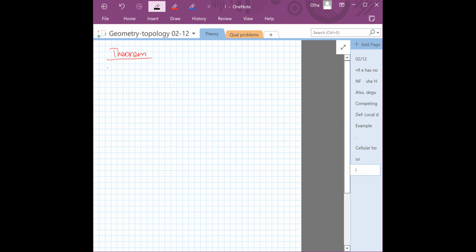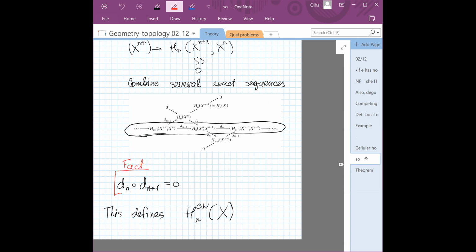It says that this thing is actually the same as the homologic groups we already defined. So this is just going to be another way of computing them. And the nice thing about them is that we know what all of those spaces are. They're just going to be Z to the number of n cells, which is kind of nice spaces to work with.